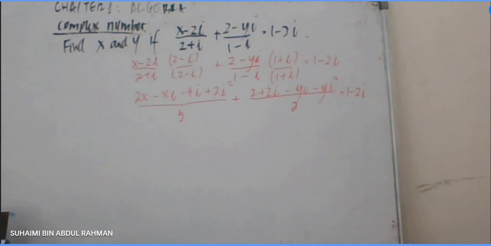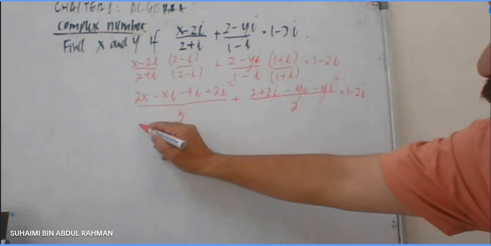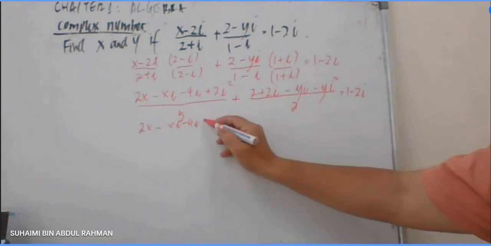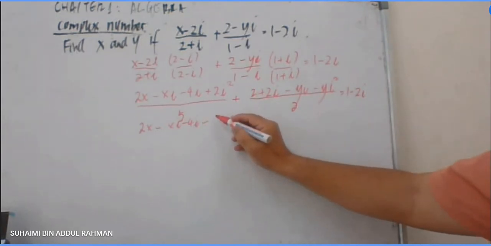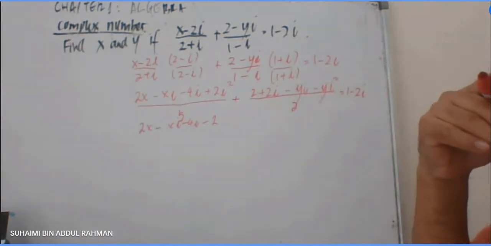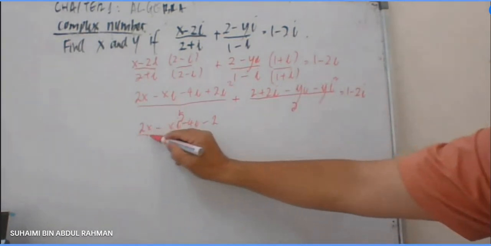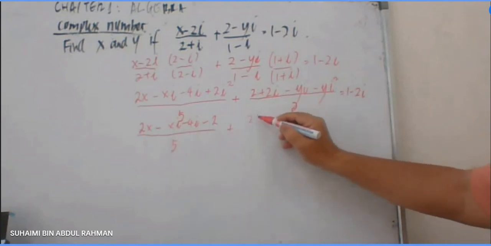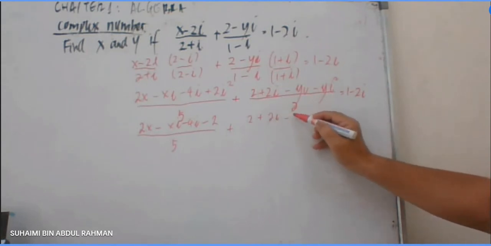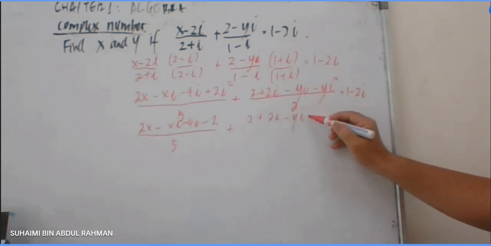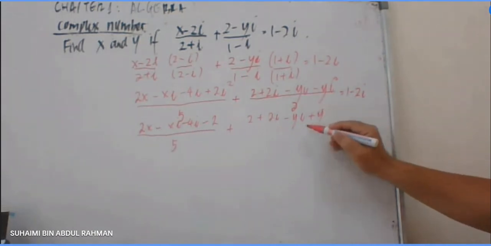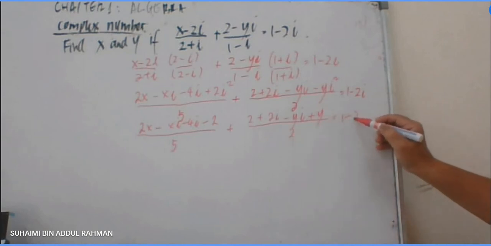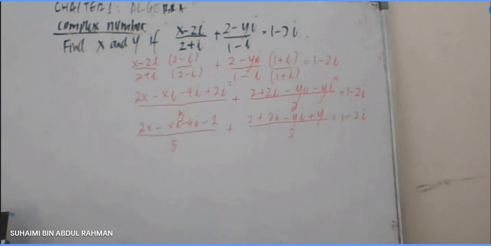And now expansions: x minus xi minus 4i minus 2 over 5, plus 2 plus 2i minus yi plus y over 2, equal to 1 minus 2i.